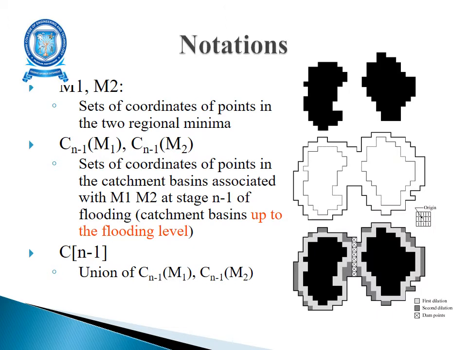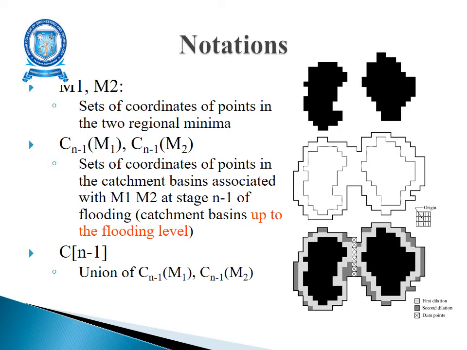You can see in the next slide, I am taking my regional minima as M1 and M2, that is the set of coordinate points along these two regions, and the sets of coordinates of points in the catchment basins that are associated with M1 and M2 at stage n-1 of the flooding, that is catchment basins up to the flooding level, C of n-1, and the union of Cn-1 of M1 and Cn-1 of M2.